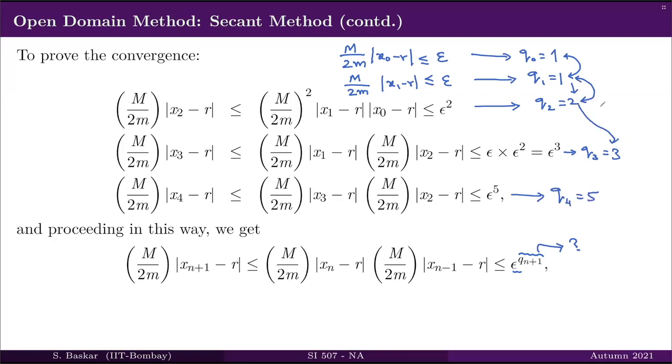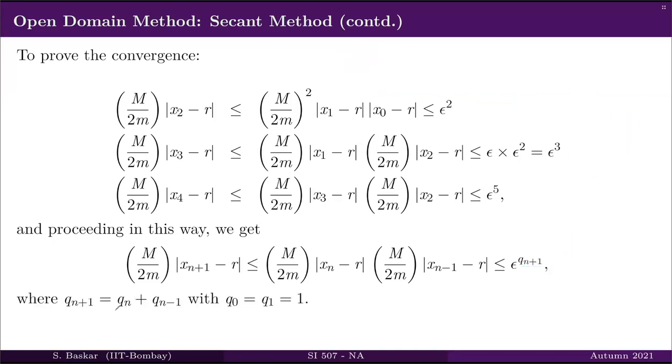Again, you can see it as the sum of these two terms. In that way, in general, q(n+1) can be written as qn plus q(n-1), the sum of the powers of epsilon in the immediate previous two cases, with the understanding that q0 equal to q1 equal to 1.